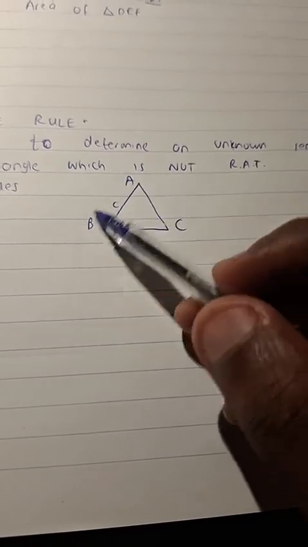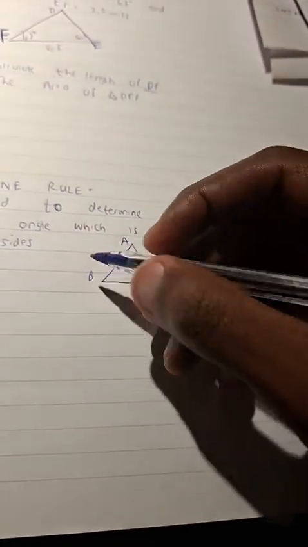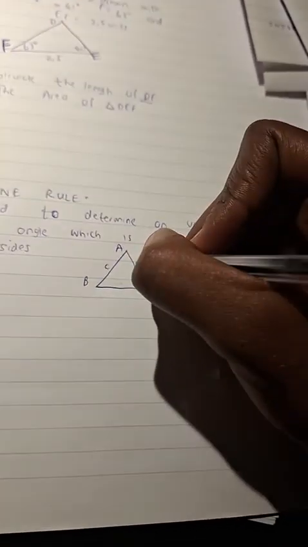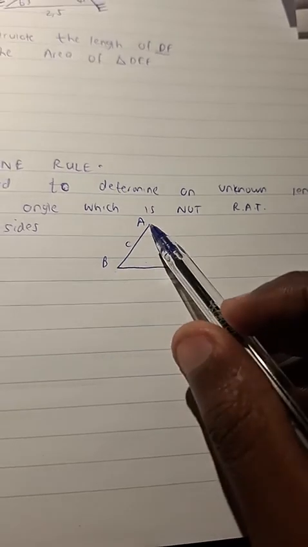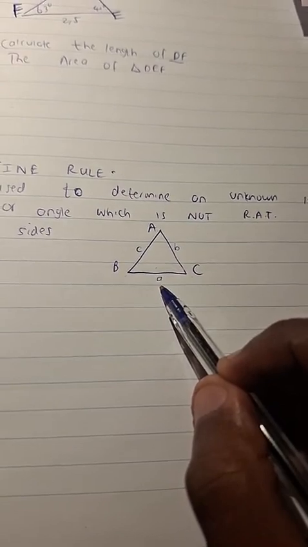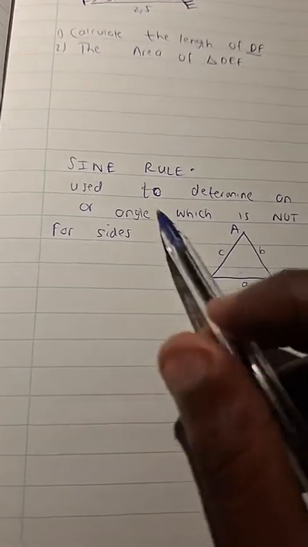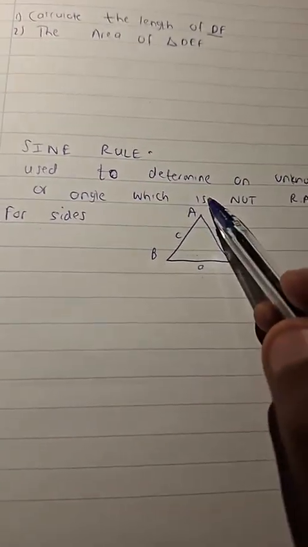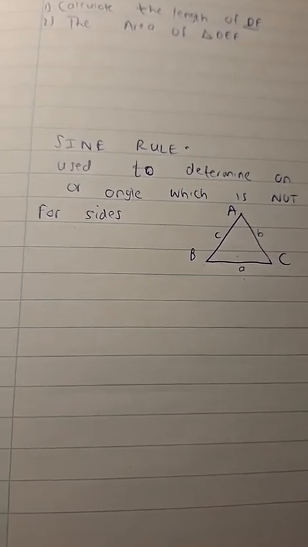But me, I like retaining the AB, all right, for reasons that I'll explain later. Angle B is opposite side B, small letter b. Angle A is opposite side small letter a. So for us to calculate an unknown side for a given triangle, the sine rule goes in the following way.